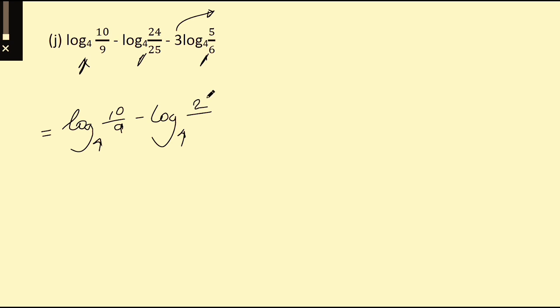Question J, we have log 10 over 9 to the base of 4 minus log 24 over 25 to the base of 4 minus 3 log 5 over 6 to the base of 4. So first we need to remove this 3 from the coefficient, then it will go as a power of 5 over 6 cube to the base of 4.